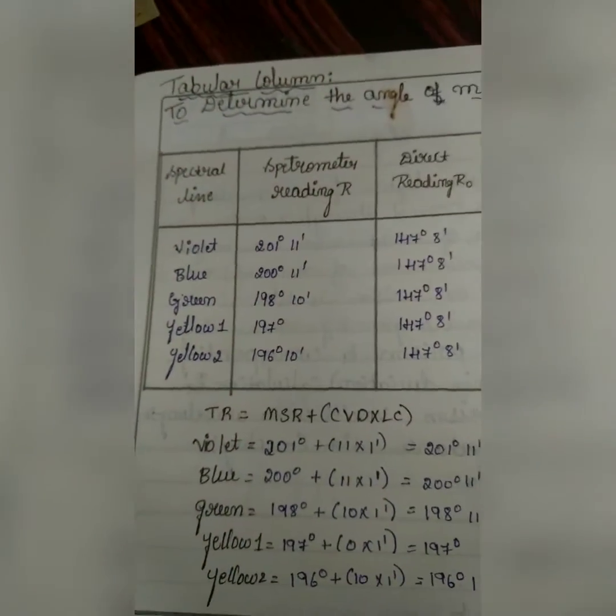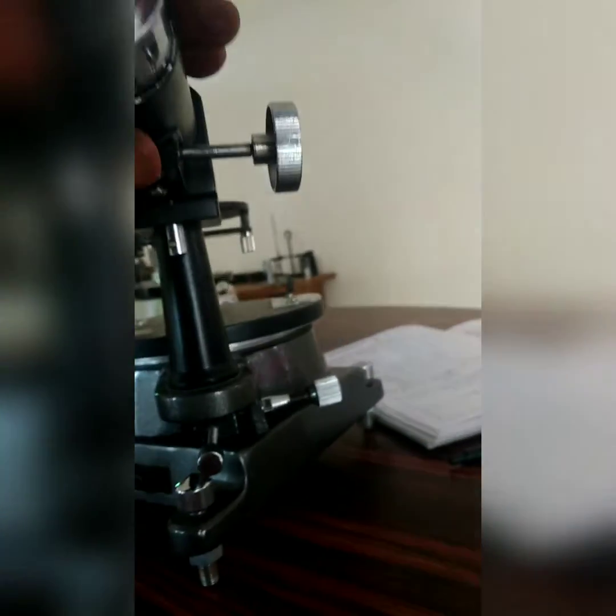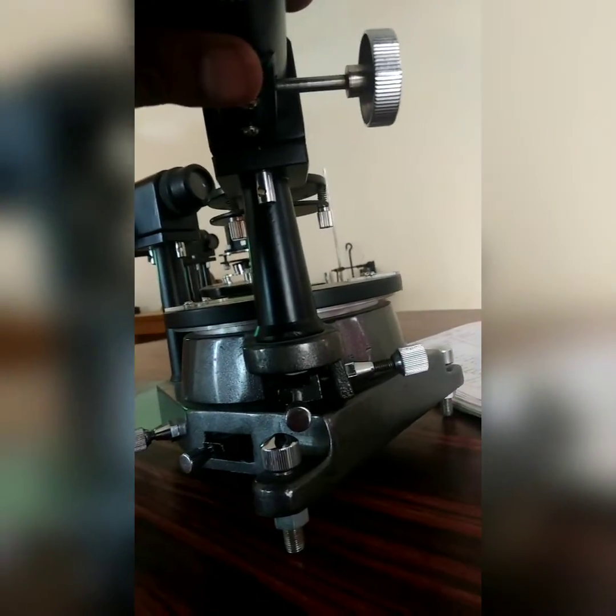Then you calculate the total reading, and that total reading is written in the tabular column like this. Whatever total reading value is obtained, you write it in degrees and minutes. Then you rotate the telescope and fix it to the next neighboring color, that is the blue color.